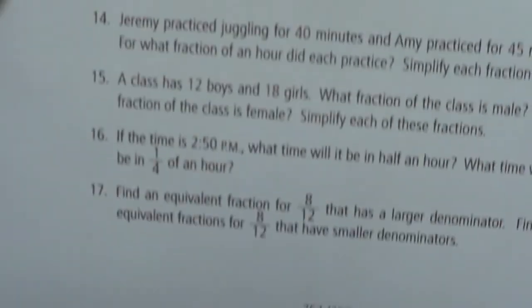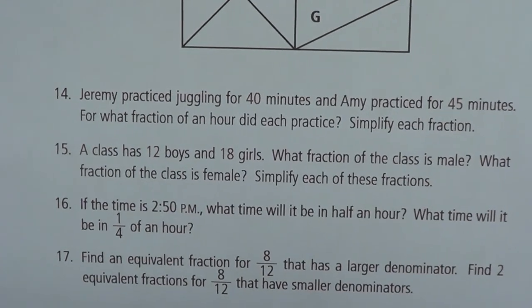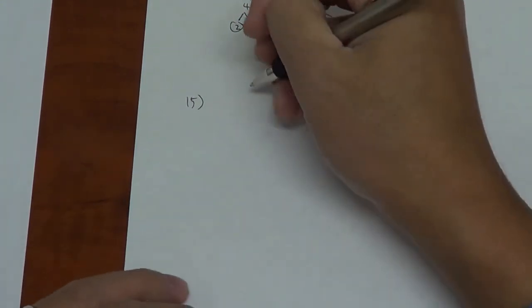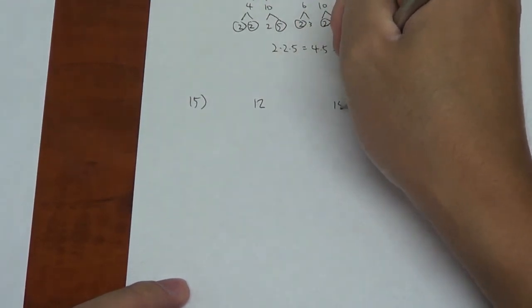All right, pause the video if you need a little more time to read the question. Okay, so there are 12 boys and 18 girls, right? And there are multiple questions it's asking. It's asking what fraction of the class is male, what fraction of the class is female, and then simplify each fraction. So there are 12 boys and 18 girls.